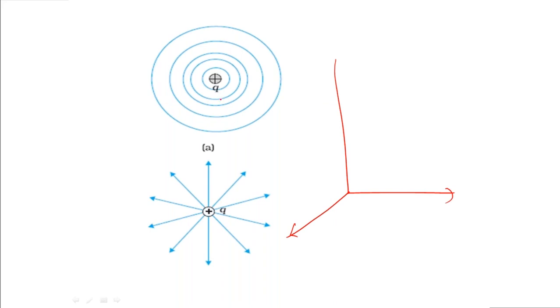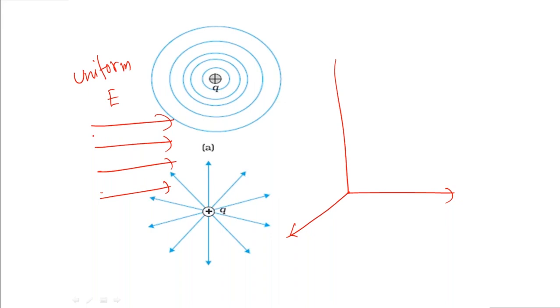Uniform electric field means equidistant parallel lines. This is how you can denote the uniform electric field. So this is D, this is also D, this is also D. Equidistant parallel lines.